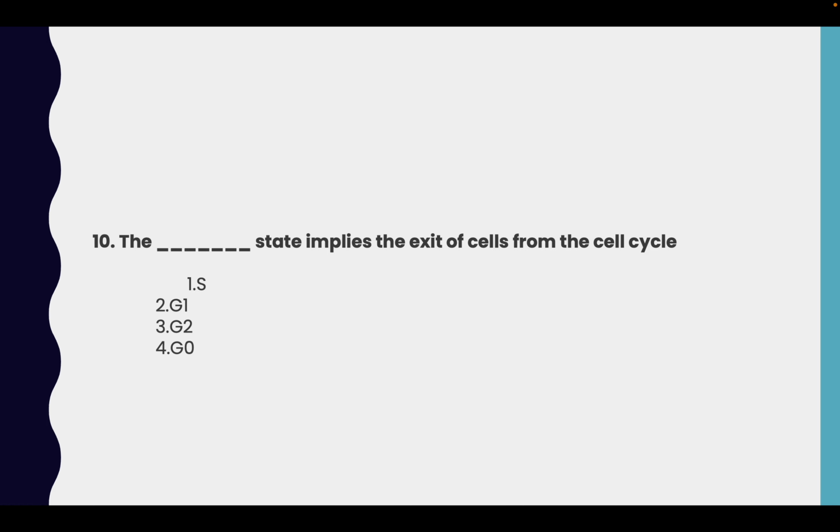Quiescent stage, right? Yes, ma'am. It represents a state where cells are not actively dividing and have exited the cell cycle. This phase is also known as the resting phase. Okay. It implies the exit of the cell from the cell cycle and it is also known as G naught or quiescent stage. The cells exiting from the cell cycle enter the G naught stage after exiting G1. After G1 it is G naught.